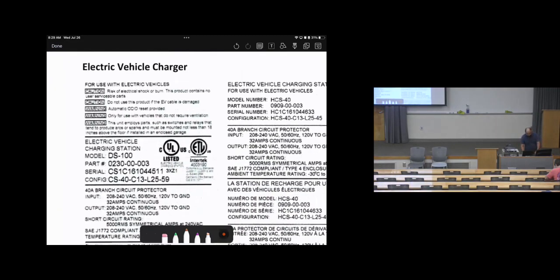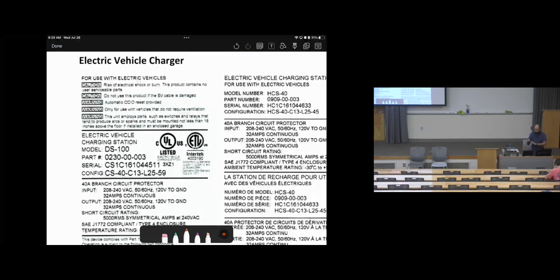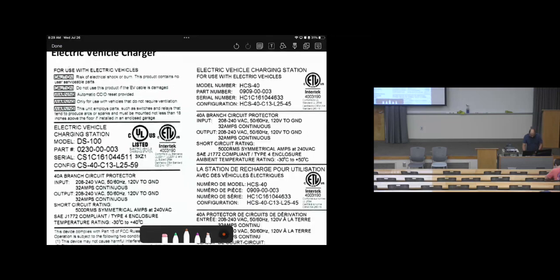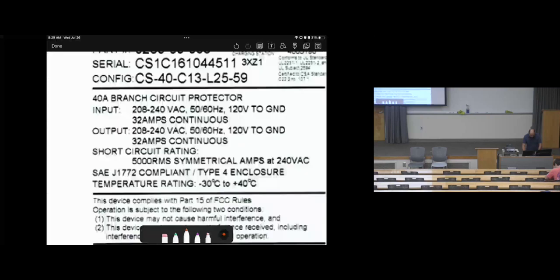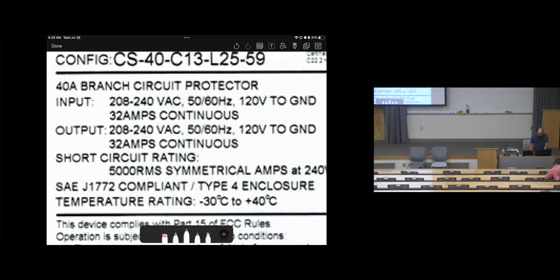The other thing is electric vehicle chargers. When you look at an electric vehicle charger, you need to look at the input and outputs. So here is an example: the input can be between 208 or 240 volts AC.